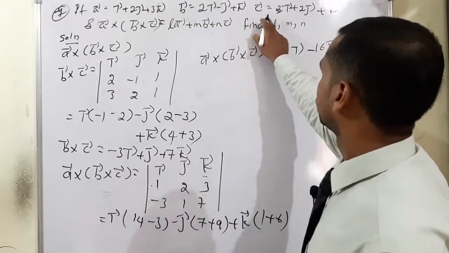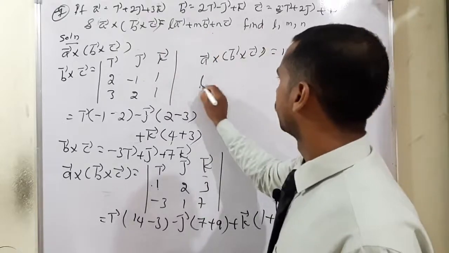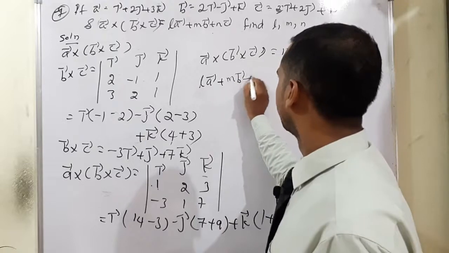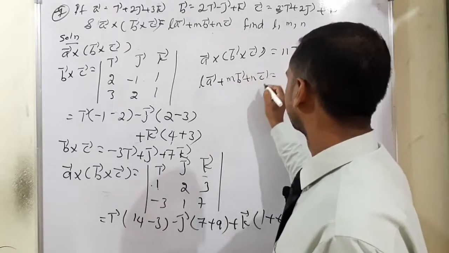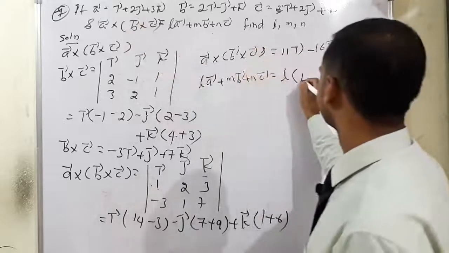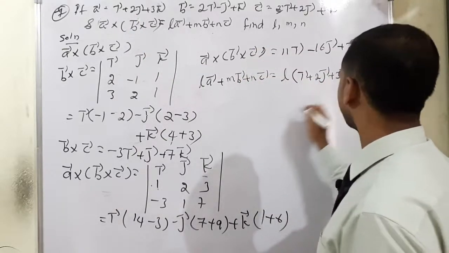Second condition: it is equal to L A vector, M B vector, N C vector, so L A vector plus M B vector plus N C vector. L into A vector means i vector plus 2 j vector plus 3 k vector.